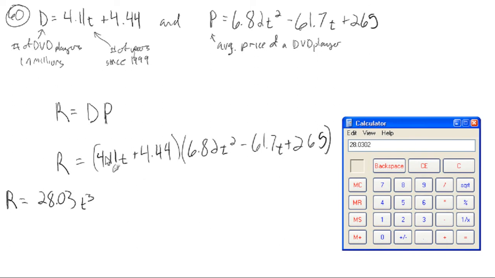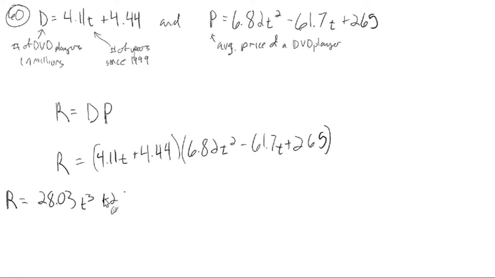And then we'll do 4.11 times 61.7. $253.59. Oh, that's going to be negative. Before I forget this number, let me just write it down. And this will be a negative number here. And then 4.11 times 265.